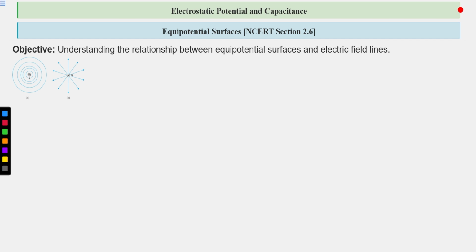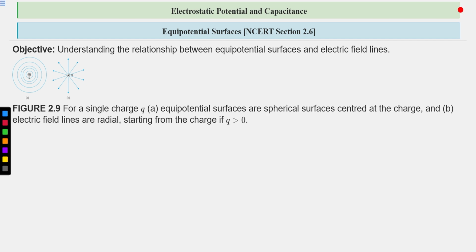For a single point charge, what is the equipotential surface here? We know that for a point charge, the formula for potential is V equals 1 by 4 pi epsilon naught, Q by R. Q is the charge, Q remains constant, 1 by 4 pi epsilon naught is constant.